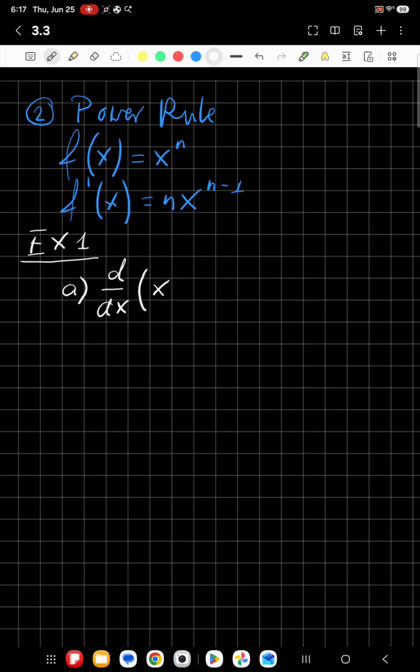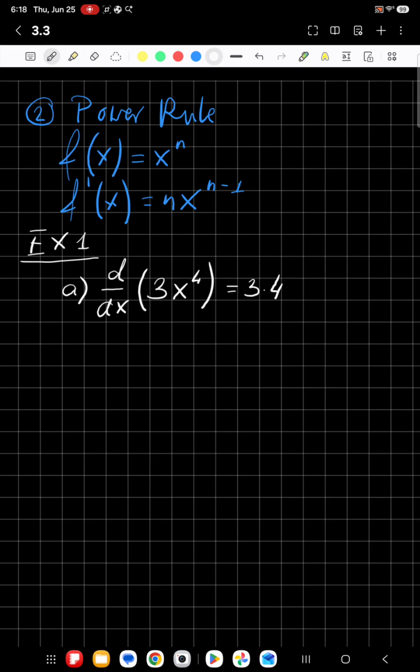Maybe we should do a couple more. Let's do 3x to the 4th: the derivative of 3x to the 4th. Just like we were doing before, that 4 is going to go to the front and will be multiplied by 3. So we have 3 times 4.